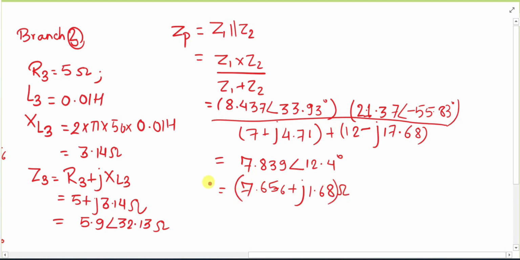So this one is ZP, while both Z1 and Z2 are in parallel.